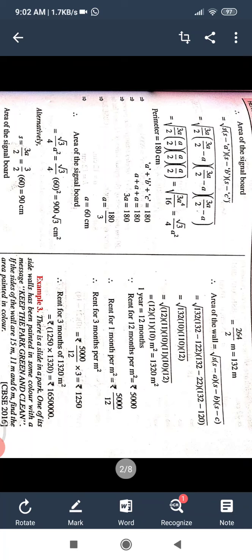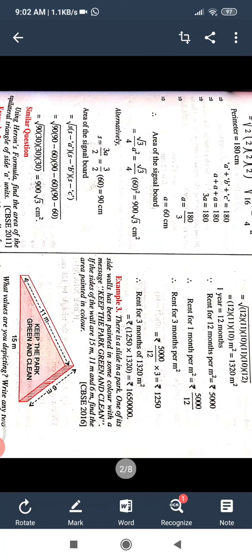So 900 root 3 centimeter square. This is the area of the triangle. This is the semi-perimeter. The area of the signboard is 900 root 3 centimeter square.